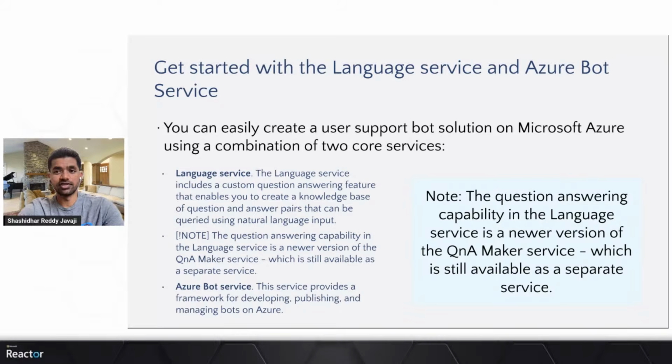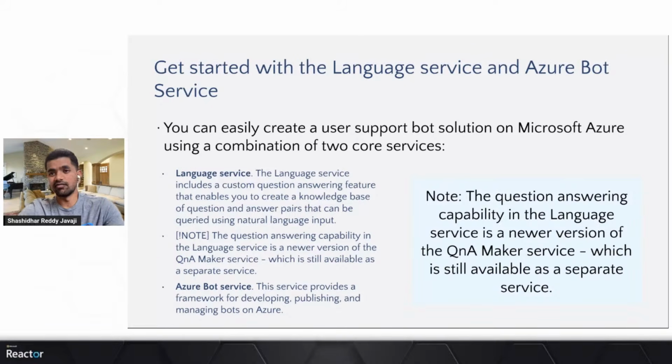For that to happen, we need Azure Bot Service. The Azure Bot Service is connected to the language service. So once we have the knowledge base and the language service, we can deploy it on Azure using Azure Bot Service, which helps us have an Azure Bot on the web app. That's where the Azure Bot comes into place.